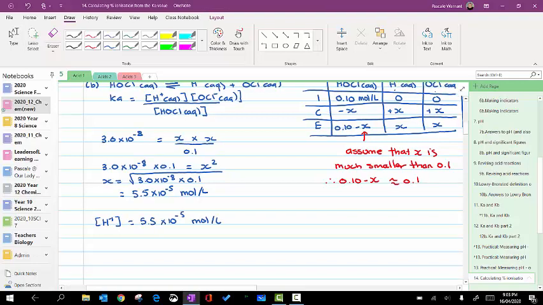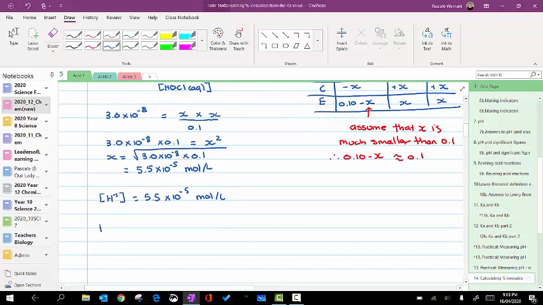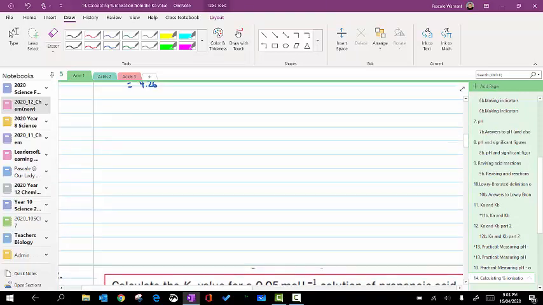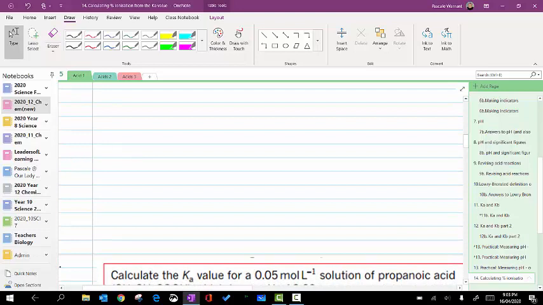And now we can work out the pH, because pH is the negative log of the hydrogen ion concentration, and that works out to be 4.26. The last part of this question is to work out the percentage ionisation.